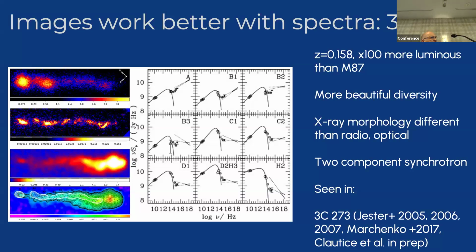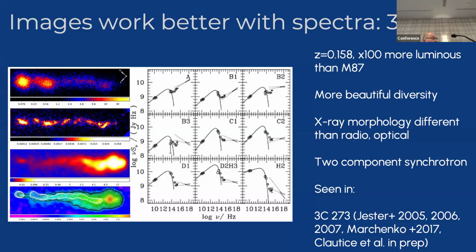This is one of the things that is really underappreciated, that Chandra sees a different jet in the X-rays than in the optical. You have an enormous diversity in the spectral energy distributions. And you can see what the Chandra bow tie looks like.